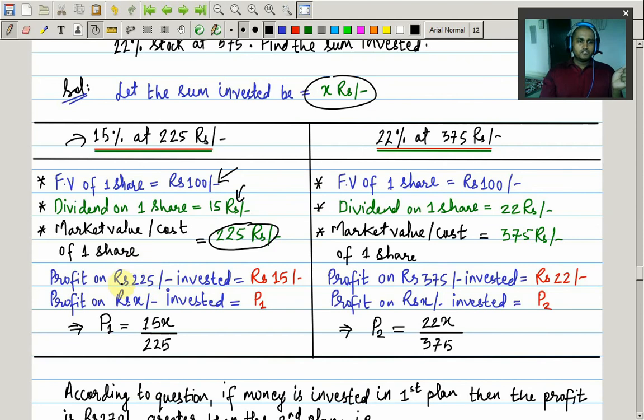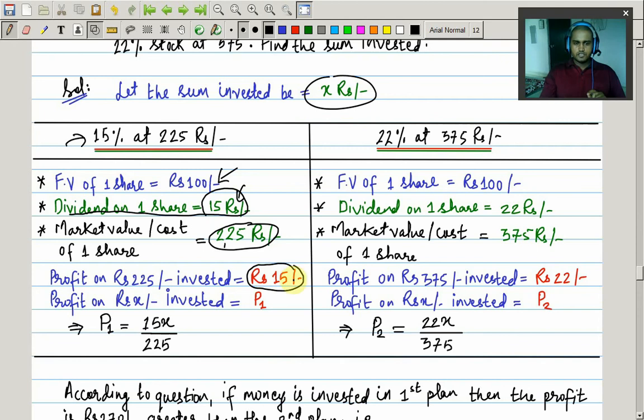So this is the profit on one share, and one share costs me 225 rupees.